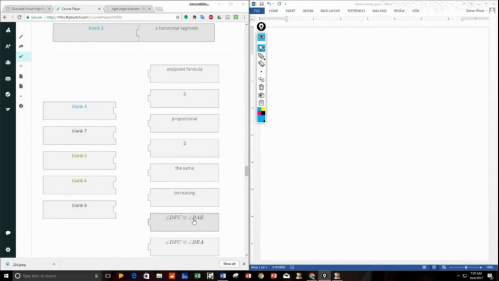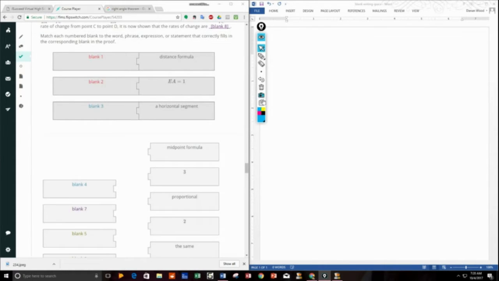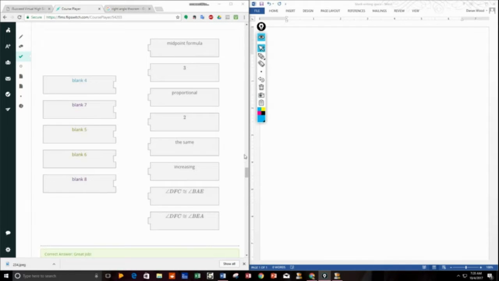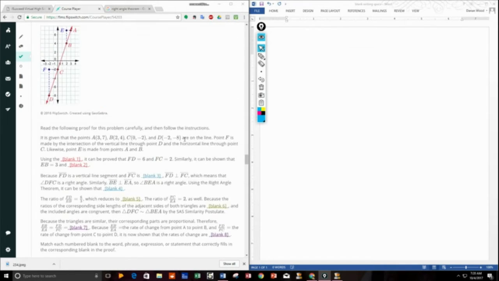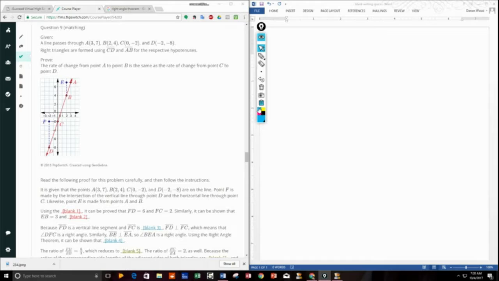Now this says angle BAE and this one says angle BEA. Does it matter? Yes. Let's look at angle BAE. The direction of it does matter. Angle B to A to E is talking about this angle right here, which is not the angle they were referencing.